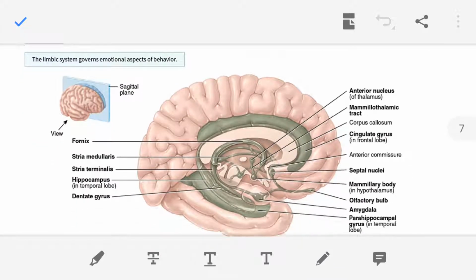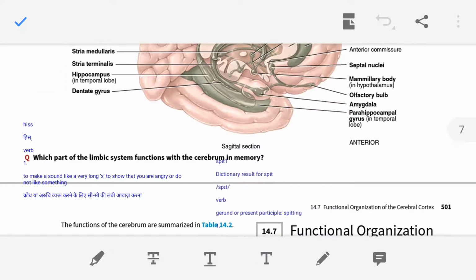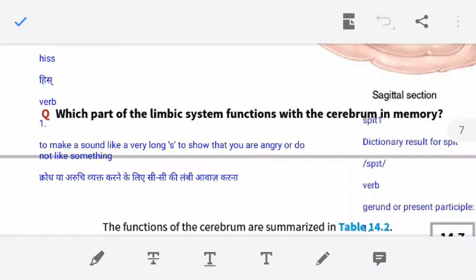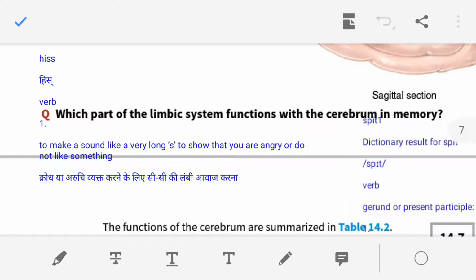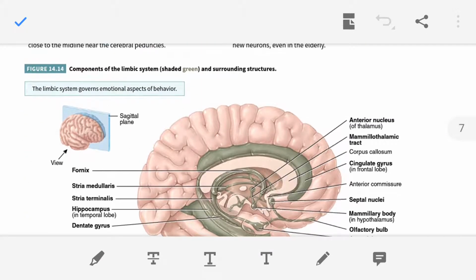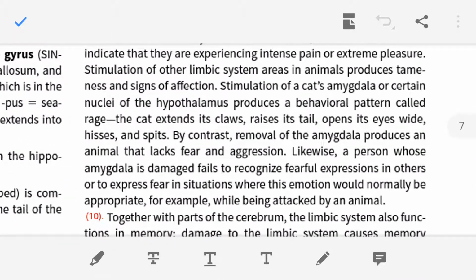Now what is hiss? Hiss means to make a sound like a very long s to show you are angry or that you do not like something. So a very long s, that is hiss.